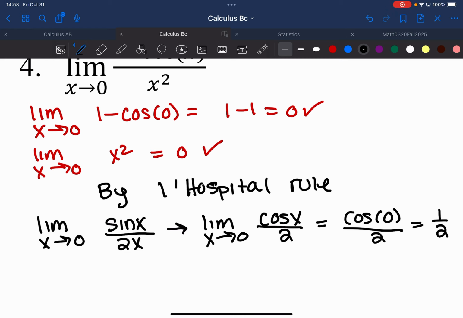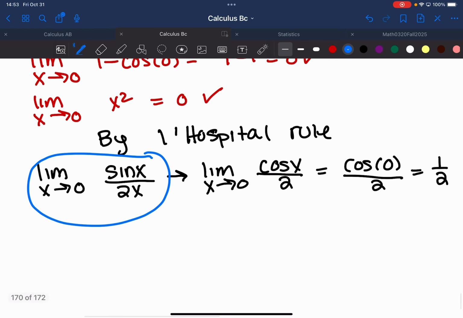There's one other way we could have done this without using L'Hopital's rule again. Anyone recall the properties of limits from Unit 1? It has something to do with this right here. Good.